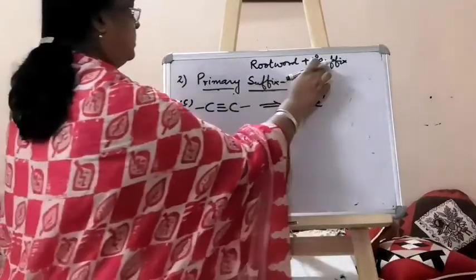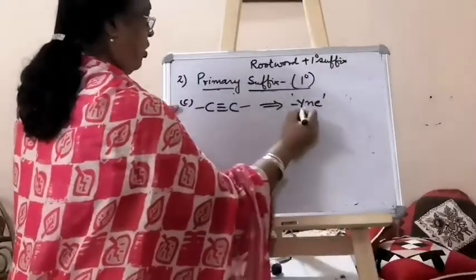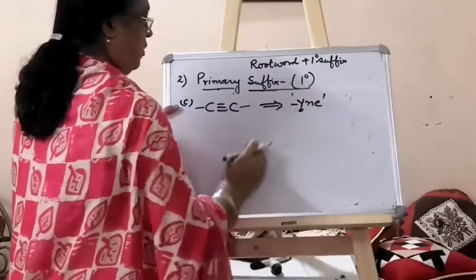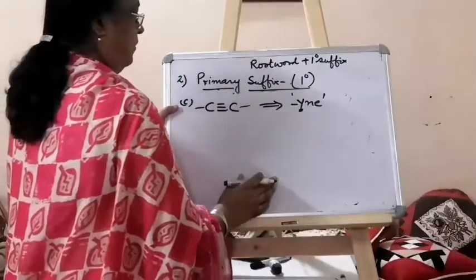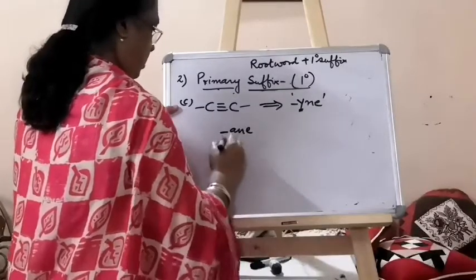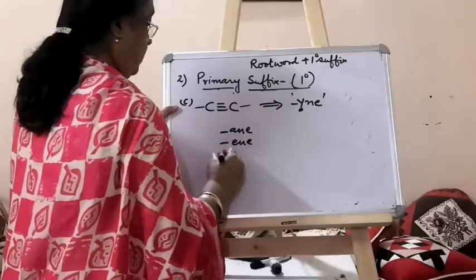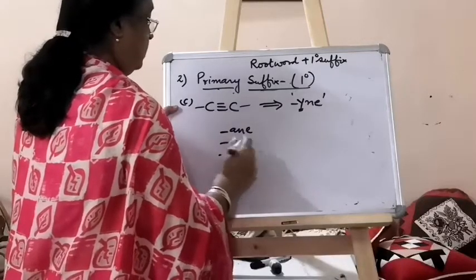This primary suffix is always added to the root word. So the first letter of the primary suffix will always be small. All letters will be small. The first letter will not be capital. A small, n, e small. The rest will all be small, and y will also be small.